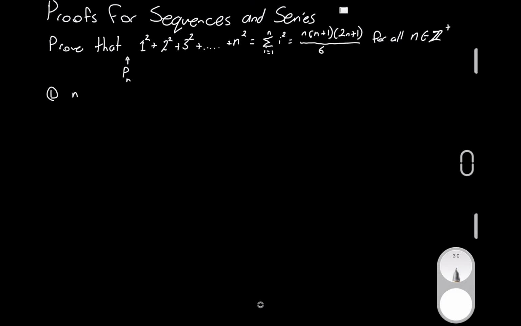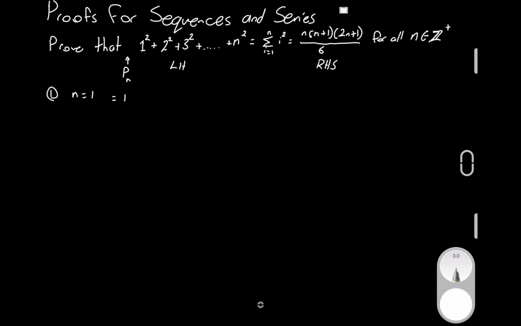So if we've got n being equal to 1, we're going to call this the left hand side, and this here is going to be our right hand side, because I'm going to refer to those in this part. If n is equal to 1, then it's just 1 squared, which is equal to 1. If we look over to the right hand side, when n is equal to 1, it's 1 multiplied by 2 multiplied by 3.